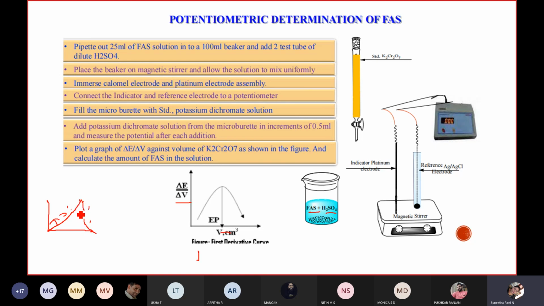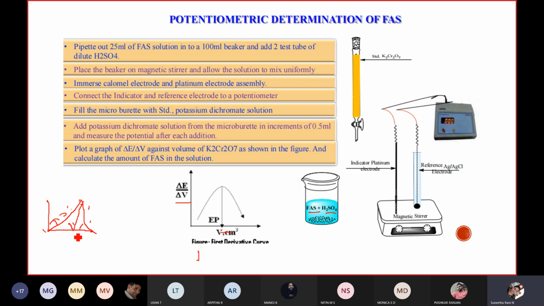This is the equivalence point, where you get the maximum potential, the maximum jump. Tabulate all the values and draw the graph of del E by del V versus volume of potassium dichromate added to the beaker.